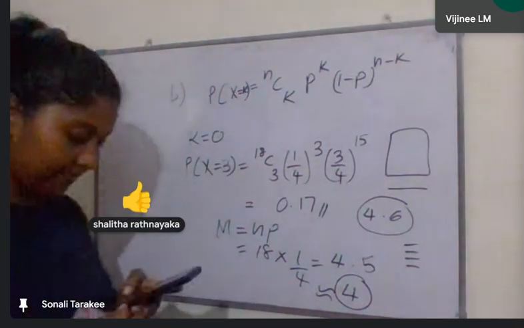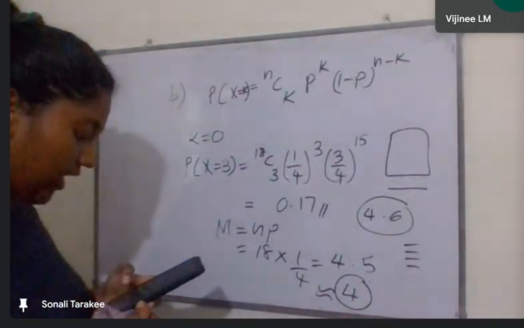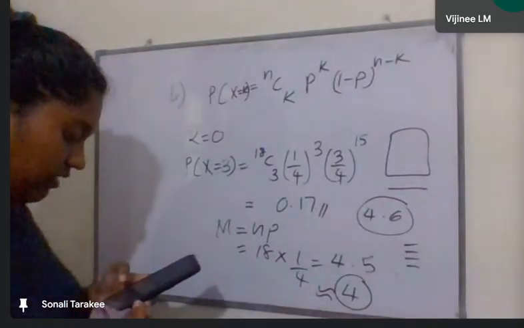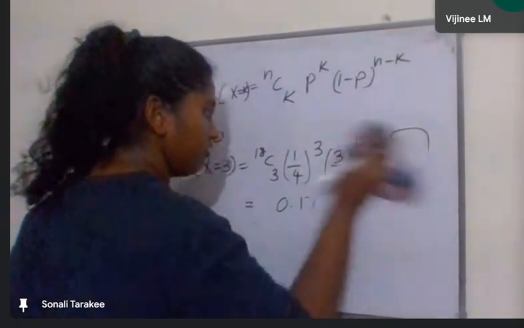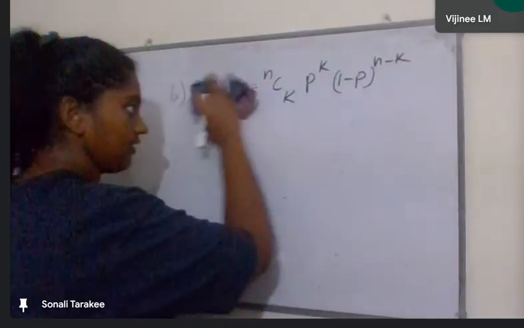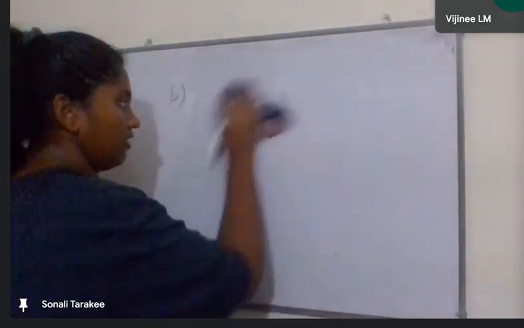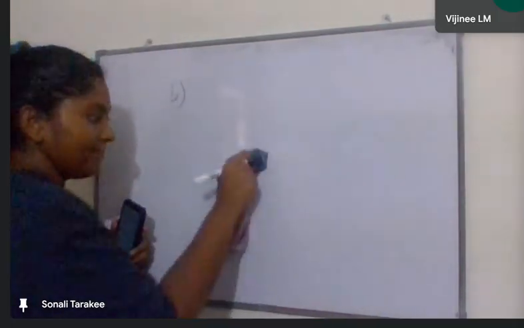And the next one: students who get more than half the answers correct pass this test. What is the probability that Kamal passes? To pass, they should get at least half of the questions correct.